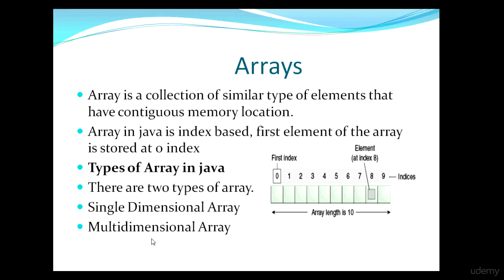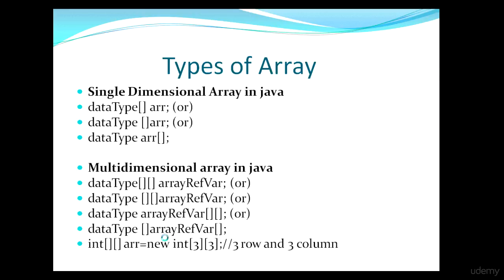For explaining it in better terms, I have put some diagrams and notes over here. You can see how we define a single dimensional array in Java. I'll use this in the code and you'll have a better understanding of how we define a single dimensional array.